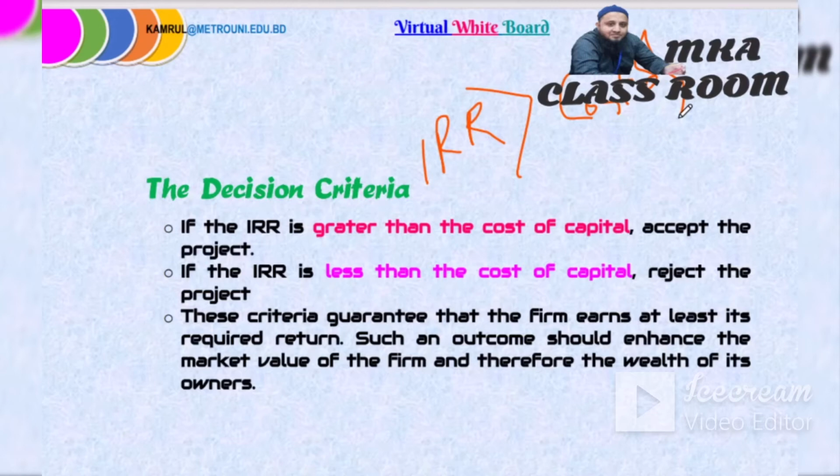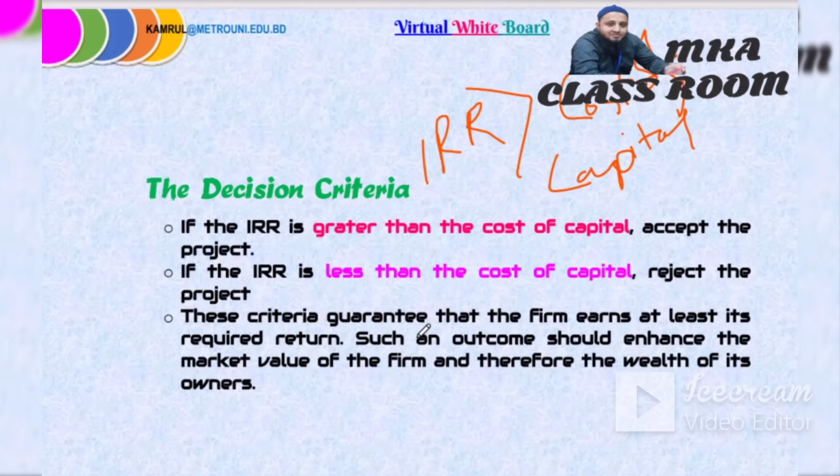This criterion guarantees that the firm earns at least its required return. Such an outcome should enhance the market value of the firm and therefore the wealth of its owners.